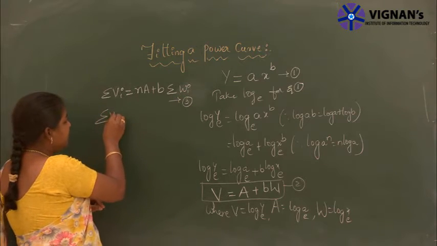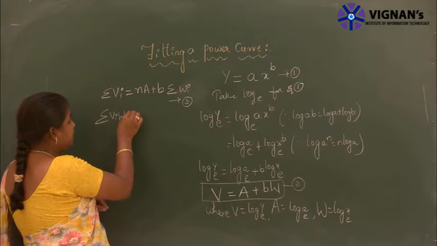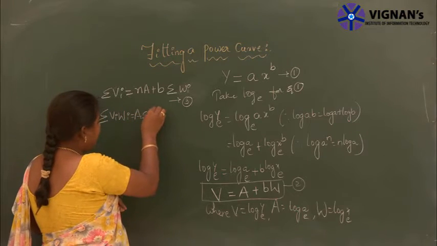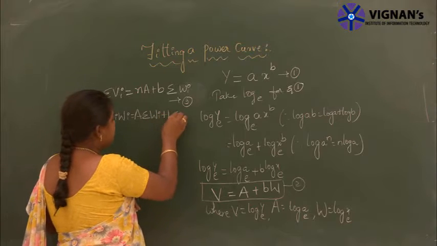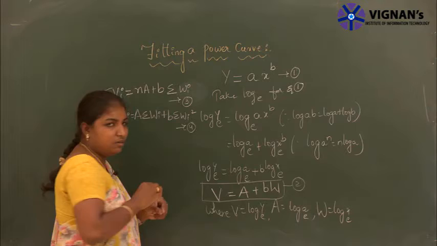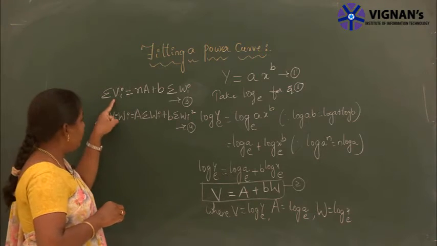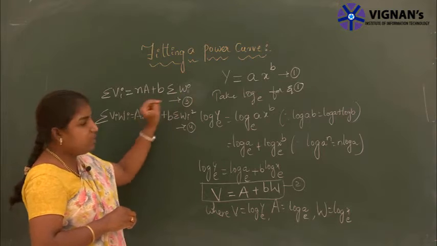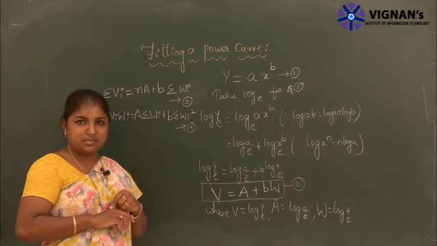And summation Vi Wi equals a summation Wi plus b summation Wi squared. This is equation 4. Here Vi means log y base e, and Wi means log x base e.